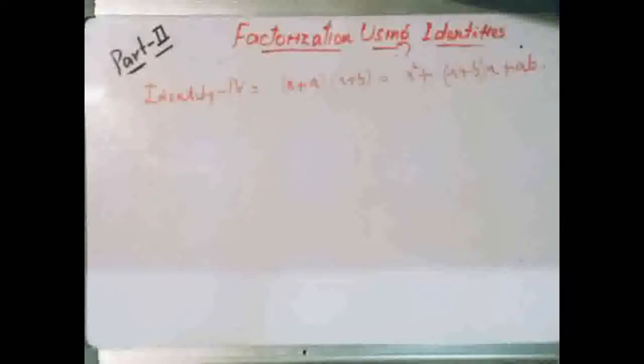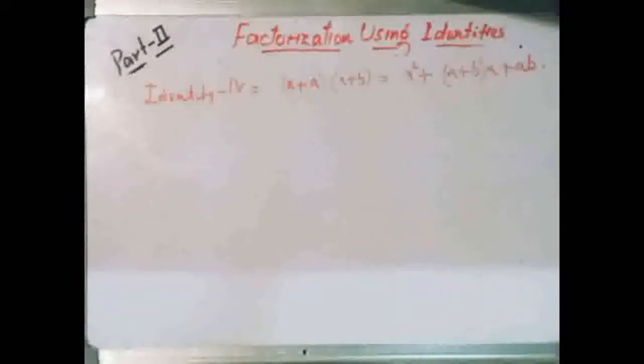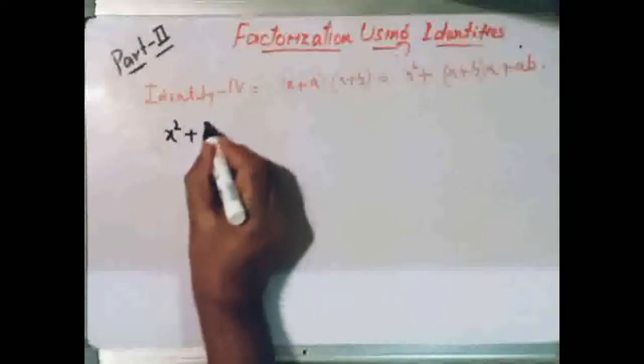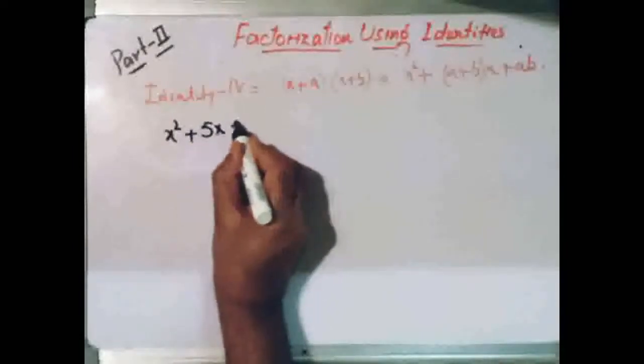This identity will help us in solving some different kinds of algebraic expressions. I will put down some examples wherein you can find that none of the identities discussed so far can be applied. For example, x square plus 5x plus 6.